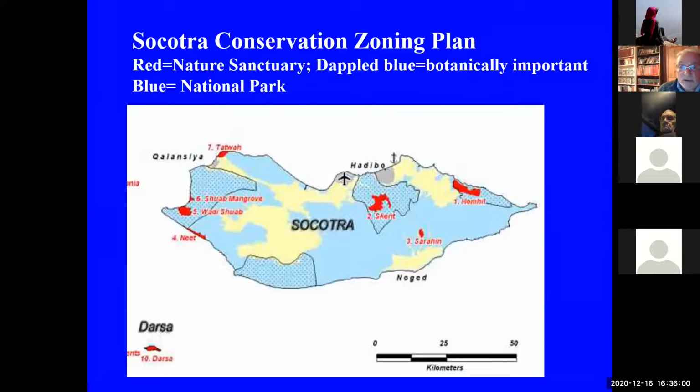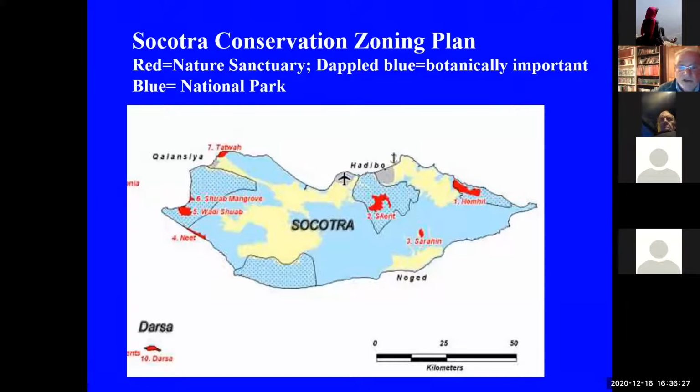When the conservation work was being carried out in the early part of this decade, underneath the banner of the Socotra Conservation and Development Program, I think it was called, a zoning plan was established, and this is a rough copy of it.